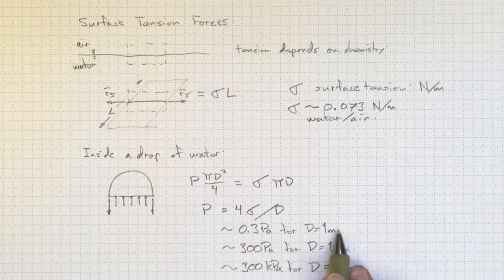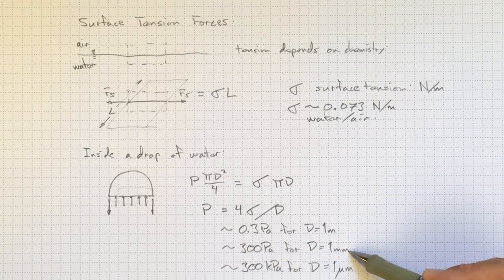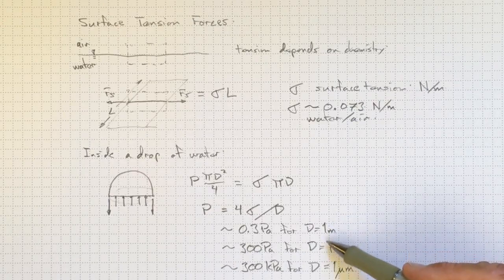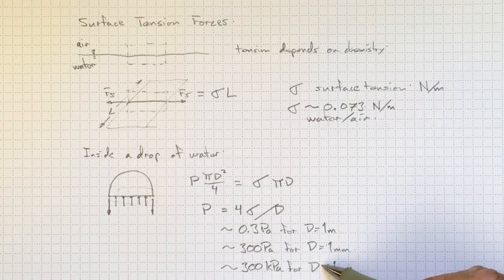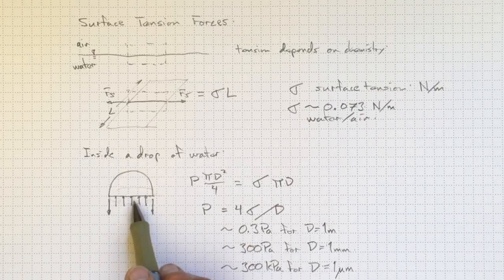So somewhere along the way from large-scale flows through still relatively large drops of 1 millimeter on the way down to drops in the micron-sized range, we're going from surface tension being unimportant to being on the same order as other forces that are acting on the drop, to being the dominant force that's controlling the drop and its behavior. And that's why really small drops are all spherical. All the other forces are much smaller than surface tension.